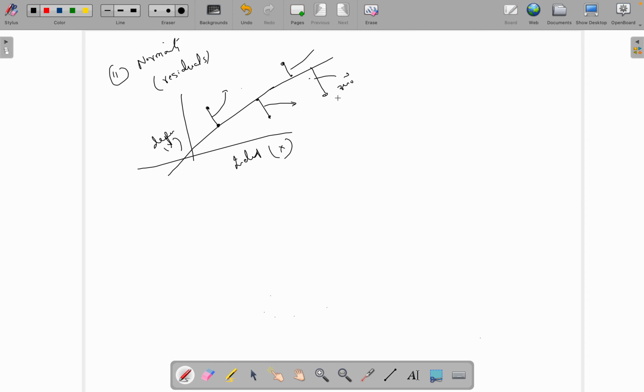So this is my second assumption: the residuals should be normally distributed and their mean should be 0. If this is not the case, then you have to transform your data. You can check this using a histogram and see whether it looks like a normal distribution or not. So this is the second assumption of linear regression.